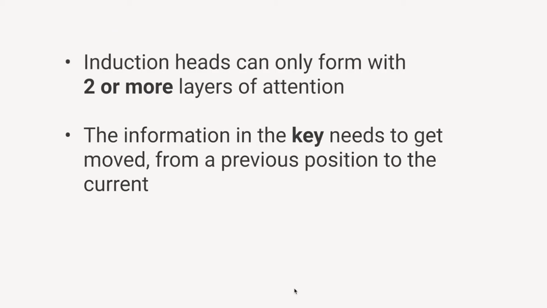So importantly, for why this was at first a plausible hypothesis to us as to why the bump was going on is that induction heads can only form if there are two or more layers of attention. That's because the information in the key needs to get moved from a previous position to the current position.